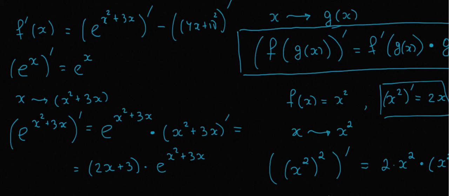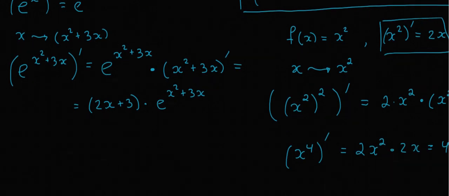And now let's calculate the derivative of the polynomial term, and then we'll just subtract the two to get the derivative of our function. Now, the polynomial term that we need to differentiate is 4x plus 1 squared.